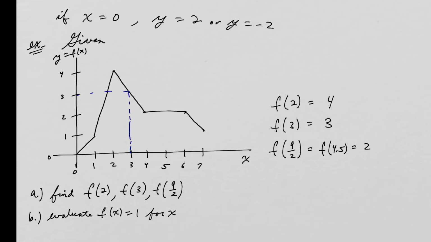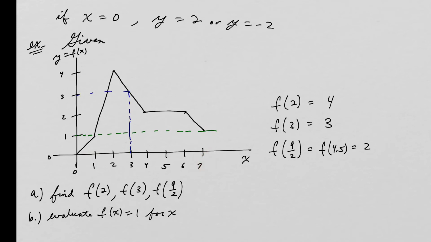And then finally, we want to evaluate f of x equals 1 for x. So I want to figure out where the output is equal to 1. The y is my output, so it's along this line; I'll just dash it in here. It looks like if the input is 1, the output's 1, and if the input is 7, the output's 1.